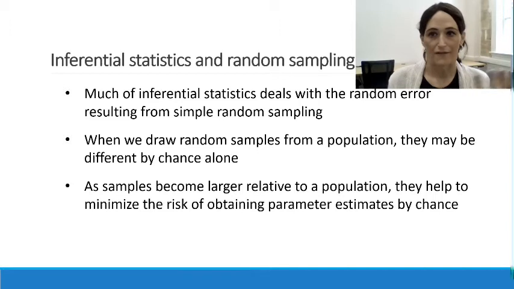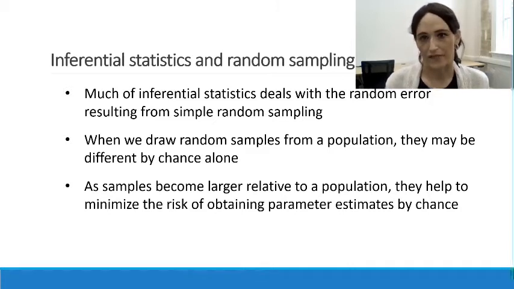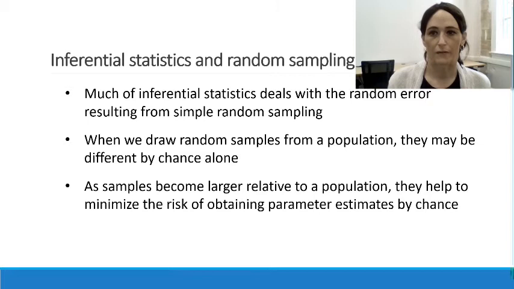We're not taking family members from the same household just because it's convenient. Okay, and there are statistical ways to account for those kinds of deviations from random sampling. We'll talk about a few techniques that are relatively common and that are by design. But much of our statistical inference is based on using random sampling.